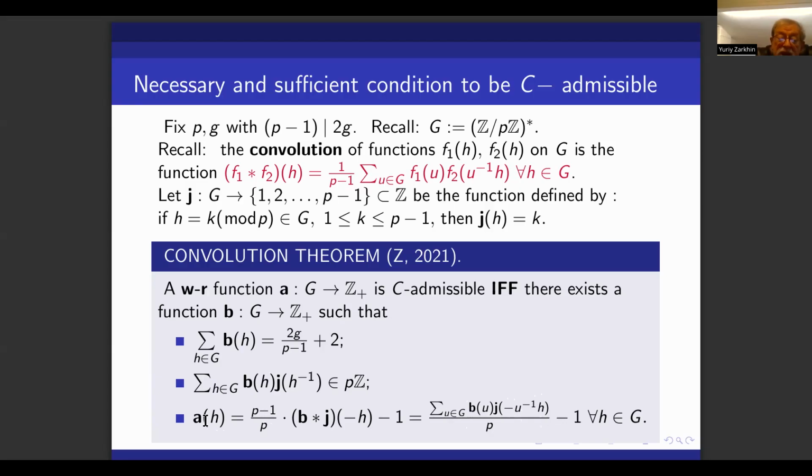And this gives you the formula for function A. So these are necessary and sufficient conditions for our function A to be C-admissible.